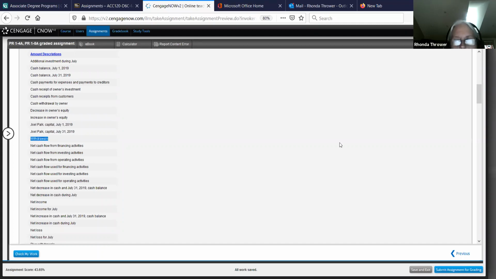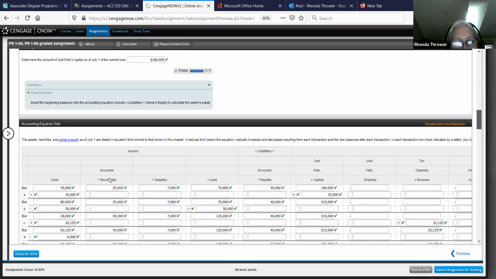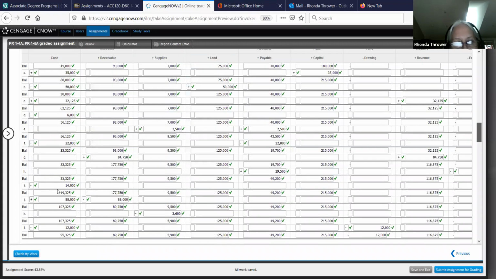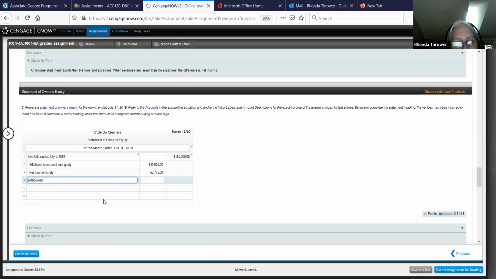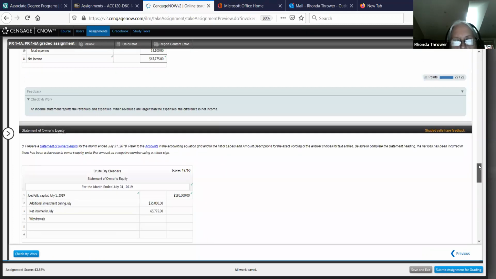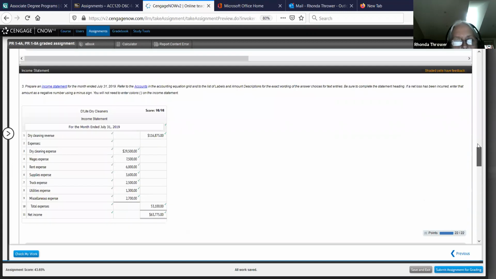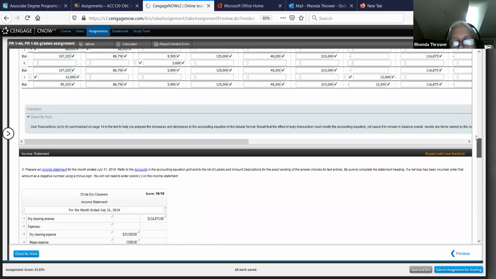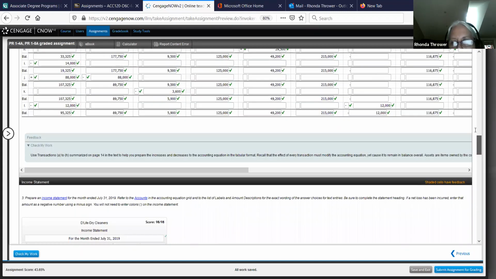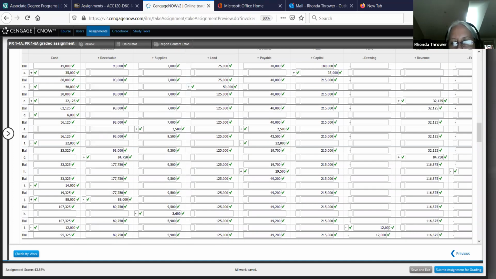Let's choose that. And the amount of the withdrawals was the very last transaction that we worked on, which you can find in your drawing here, was $12,000.